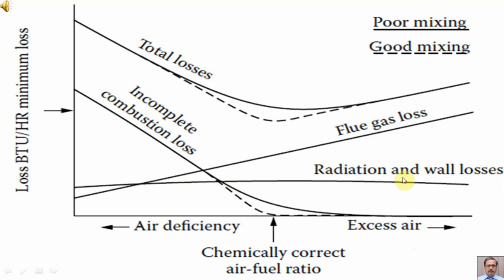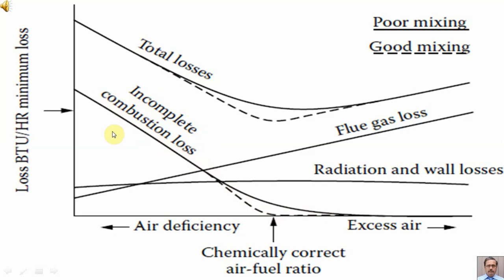Second type of loss is incomplete combustion loss. If sufficient amount of air is not given into the boiler furnace, some fuel shall go unburned, and that will be a loss.